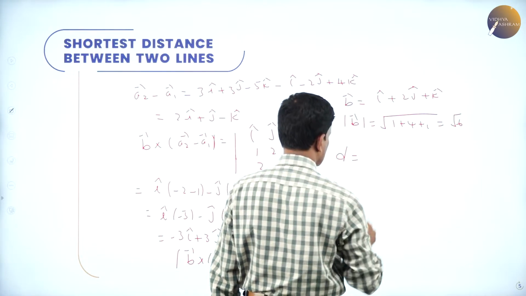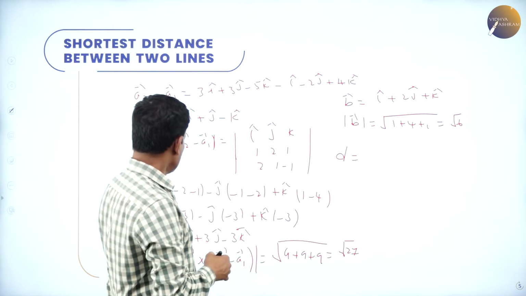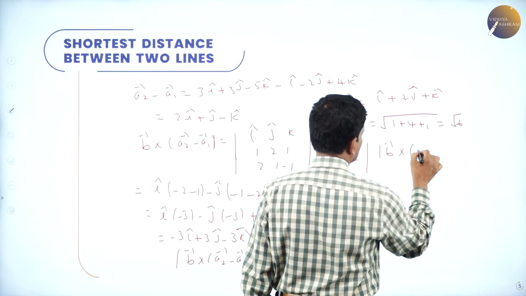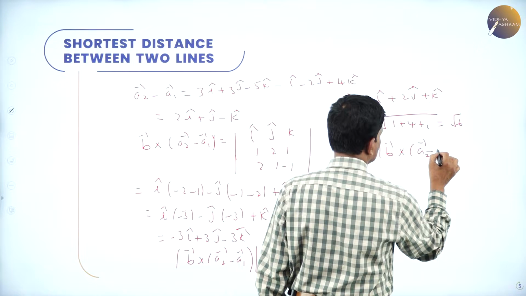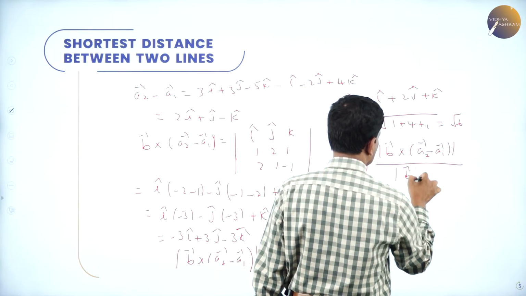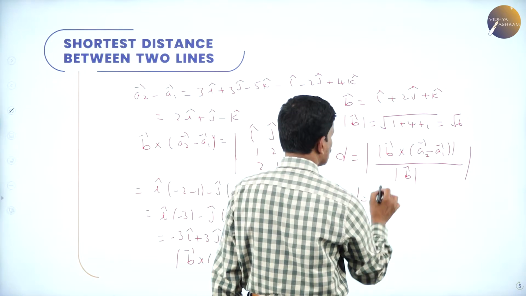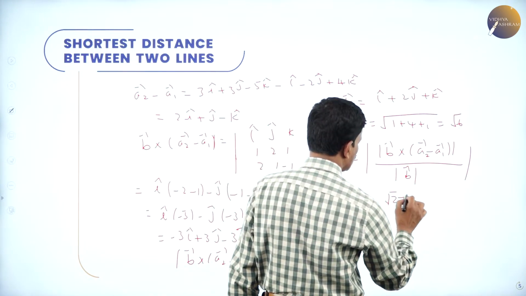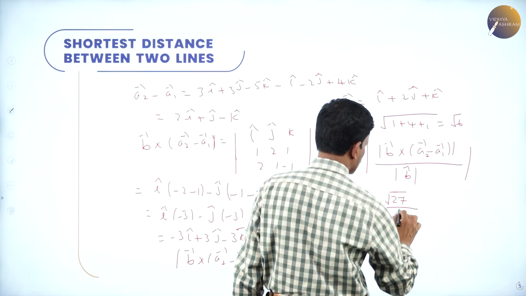So therefore the distance d is equal to the magnitude of vector b cross (a2 minus a1) divided by length of vector b. So d is equal to root of 27 divided by root 6.